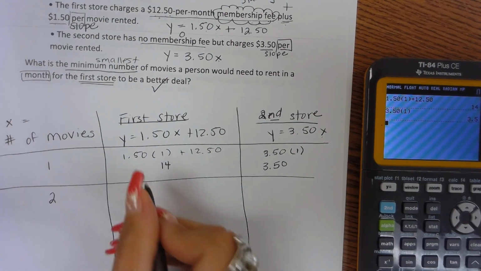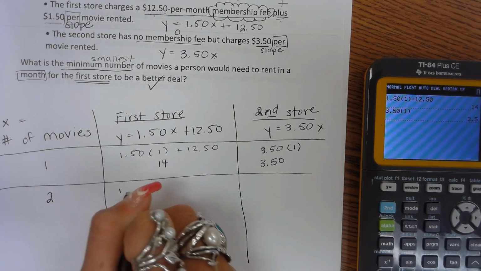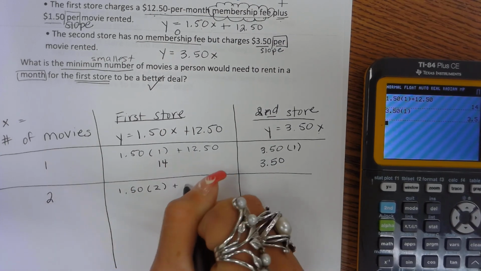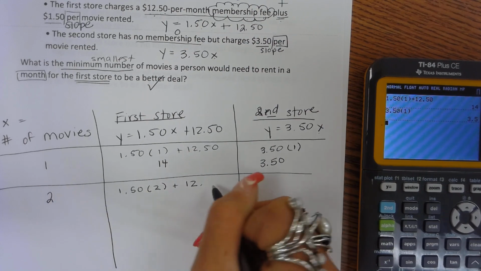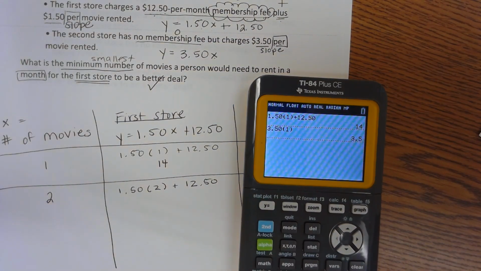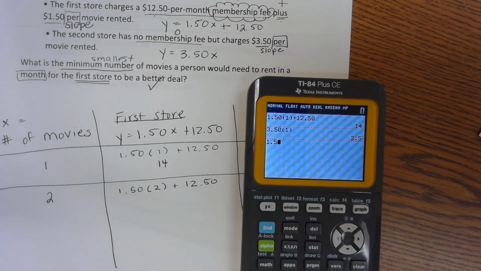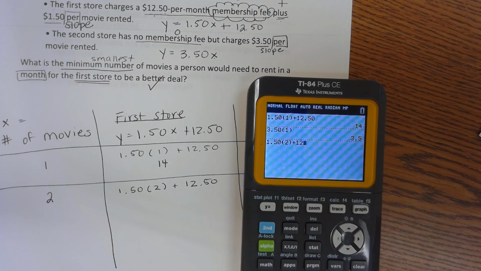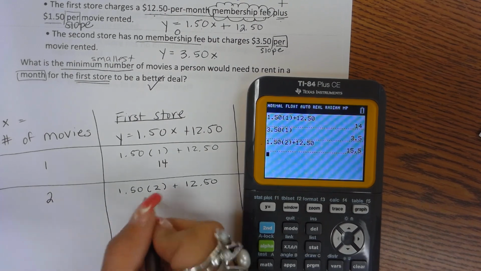2 movies. So if we have $1.50 times 2 movies plus our starting fee, or our membership fee, of $12.50, let's put it into our calculator. It's going to be $1.50 times 2 plus $12.50.